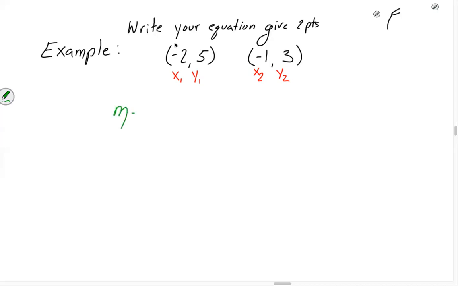Very good. I'm going to use m equals y2 minus y1 over x2 minus x1. And now that I have my equation, Andrew, I can substitute, plug in the numbers. So that's going to give me 3 minus 5 over -1 minus -2.